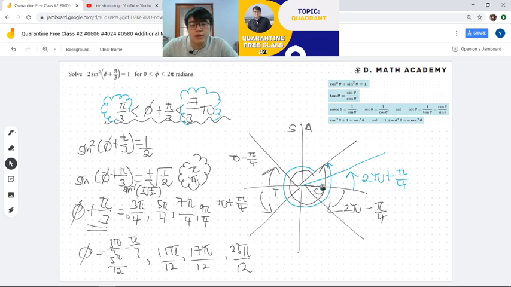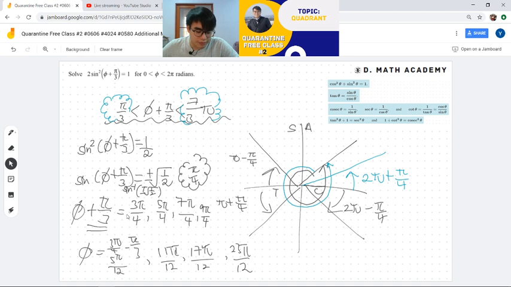With that being said, I have to determine whether my pi over 4 qualifies as the first answer. However, because of this range that we got, pi over 4 is less than pi over 3. So automatically your pi over 4 is being excluded.